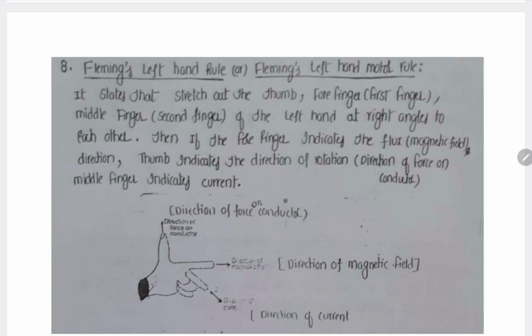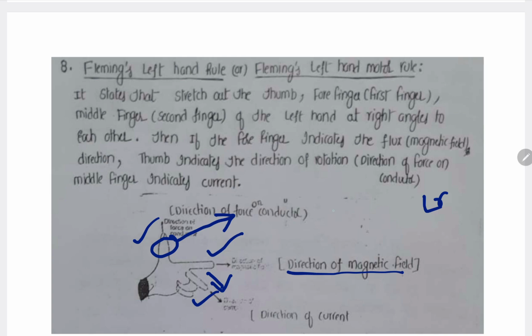Fleming left hand rule means, stretch out your left hand thumb, forefinger and middle finger in such a manner that all three fingers are perpendicular to each other. Then you keep your forefinger in the magnetic field direction. You keep your middle finger in the current direction. Then the thumb is going to represent the direction of the force on the conductor.